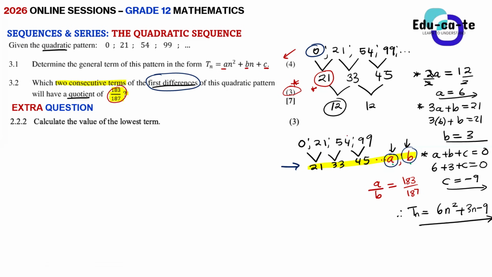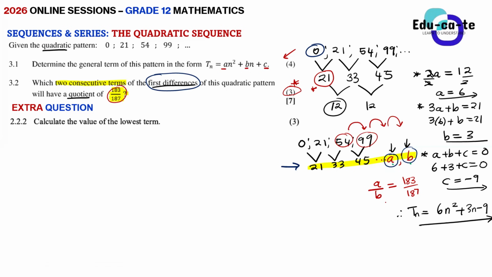You cannot have 54 and 99 and say that 54 is greater than 99. When we are moving with our quadratic pattern or any number pattern, we keep on increasing the values. Our difference is positive, so we keep on adding. So A can never be greater than B.